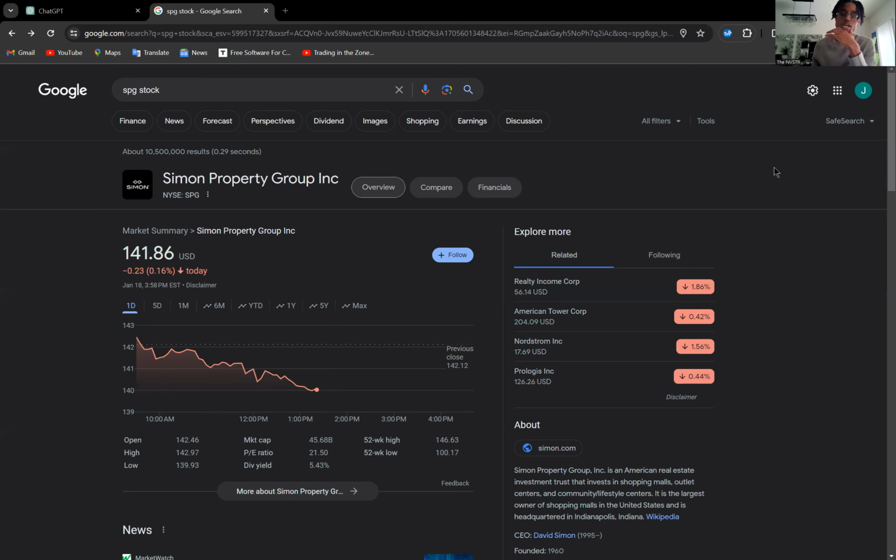Okay. Before we get into how this works, let's understand a simplified way of looking at this, right? There are dividend stocks in the stock market, which means these are companies that will pay you to own shares of their company. The majority of these companies pay out a dividend once every quarter.